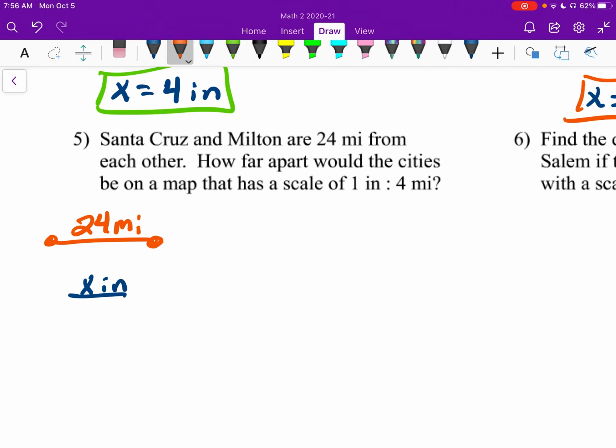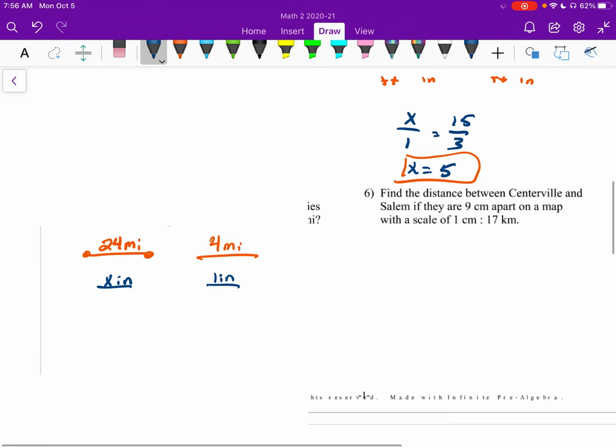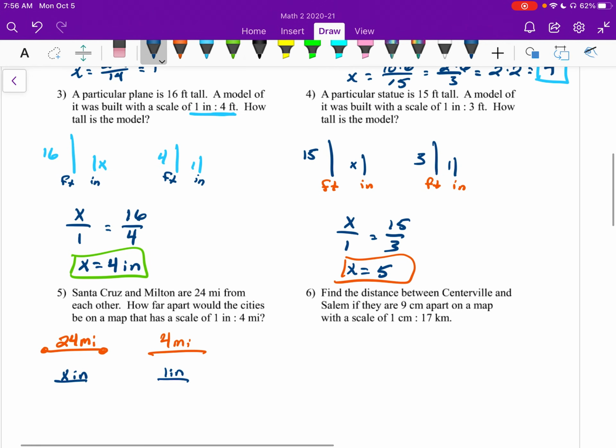And then again, I go to the right and I say, well, we've got 4 miles to 1 inch. Now what I'm doing here is the same thing as what I did in number 3 and 4, but I'm writing it horizontal, and I don't know why I like to do that, but to me the maps make a whole lot more sense if I think about them left to right. You could definitely make them north to south if you wanted to. It really doesn't matter.